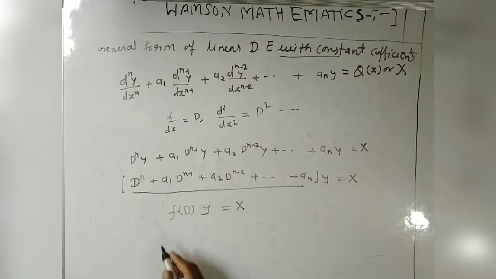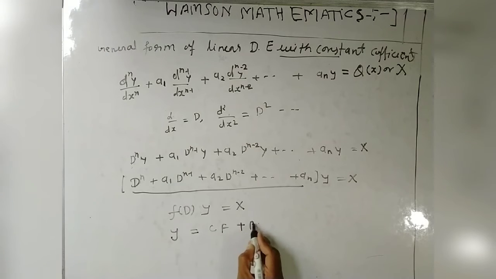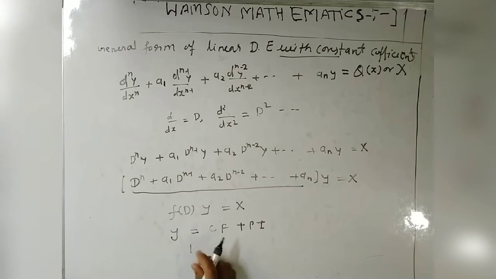And the next one is what? Now for the solution, two cases arise. The solution of this type of equation is CF plus PI.